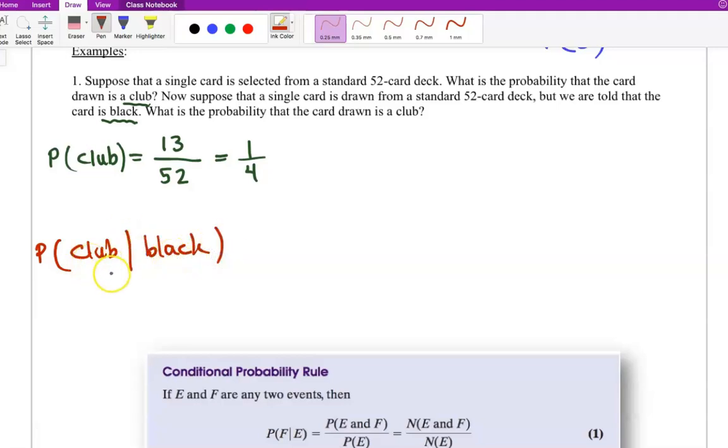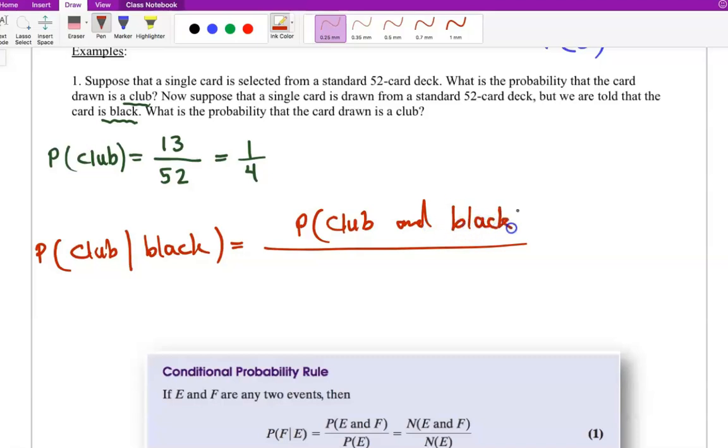Now the next part, finding the probability of club when we know that the card is black. Divided by the probability of black. That's equal to how many club cards we have that are black.